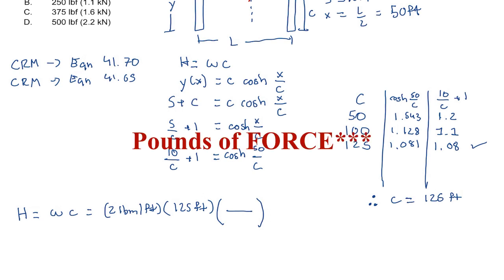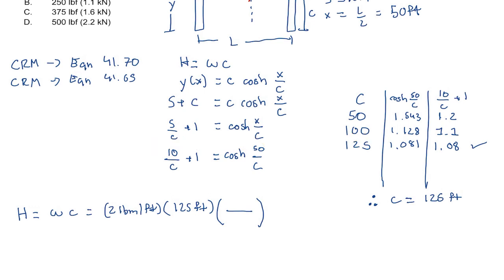So good for us in the US units, 1 pound of mass is the same as 1 pound of force. But we do need to note that if we were using SI units, this wouldn't be the case. In this case, we would have to multiply it by 9.81, but in US units, that's not an issue for us. So 2 times 125, that's 250 pounds of force.